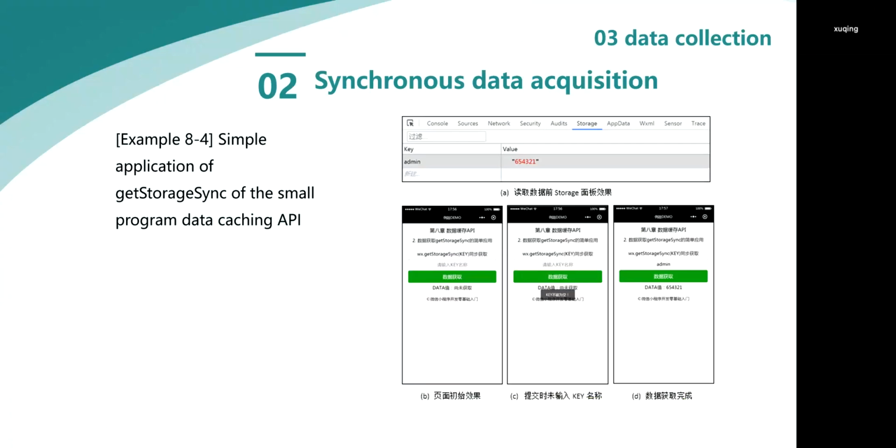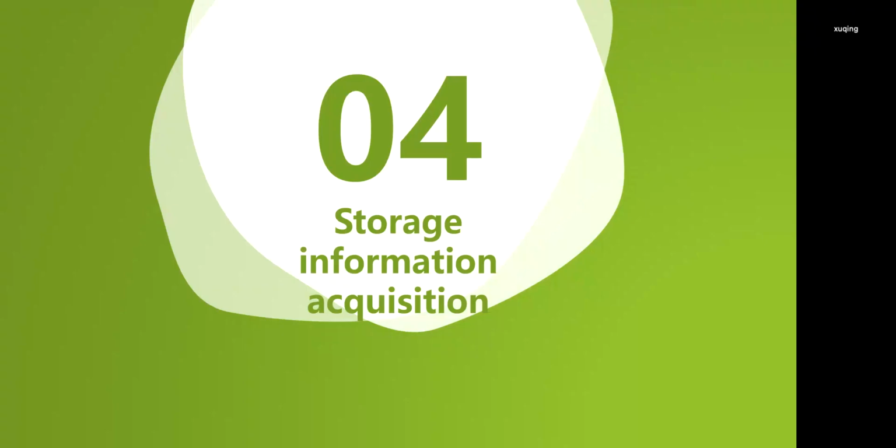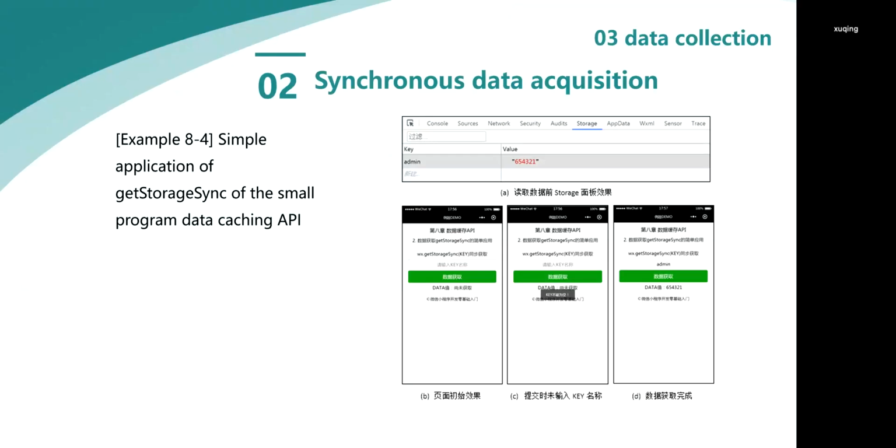We use a button component to get the data, and below the button, we have a view component to display the obtained data. In the JS file, in the data property, we have preset the key as empty and data value as not yet acquired.